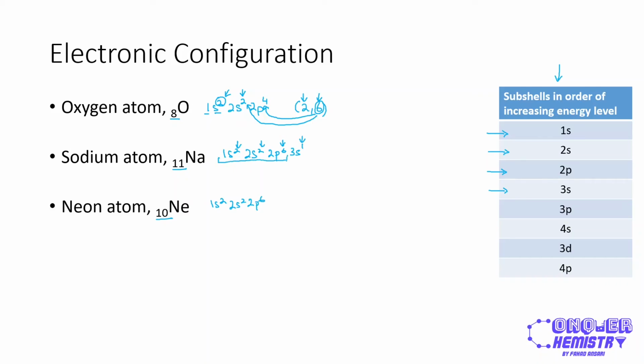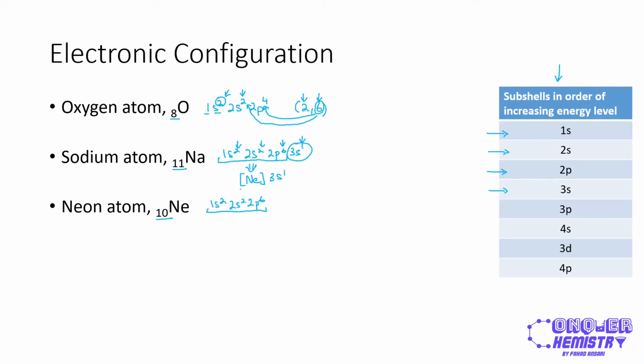It is the same as the electronic configuration of a neon atom. So if I replace all of this by the symbol of this noble gas neon in square brackets, and then write the remaining part over here, 3s1, it is also acceptable.